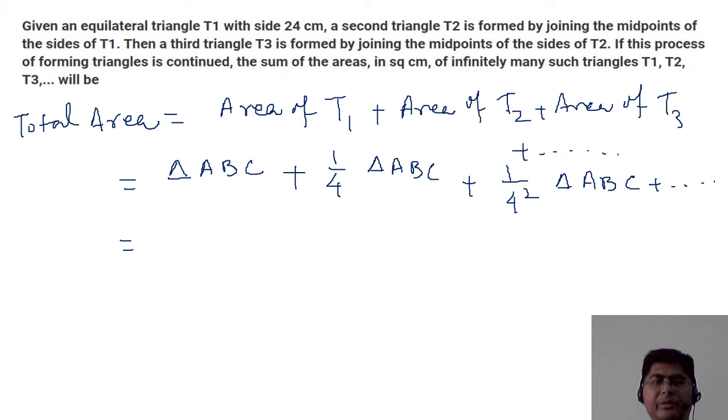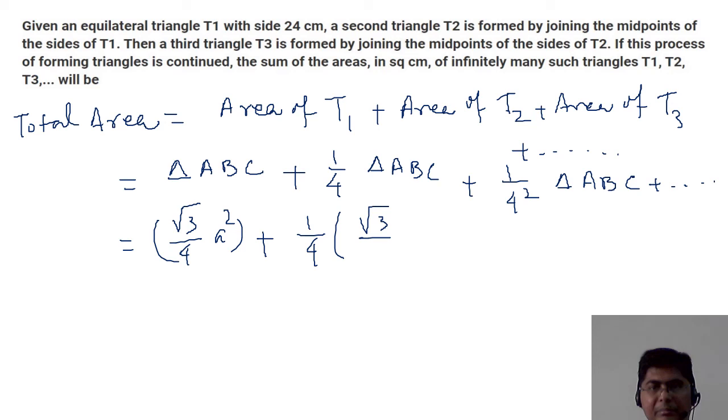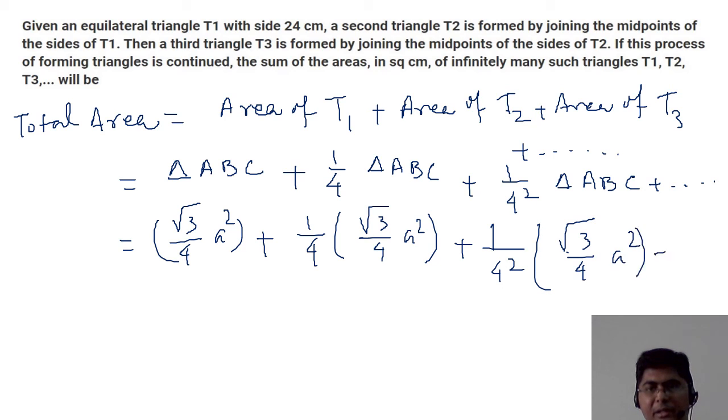Now if you remember, the area of ABC is root 3 by 4 A square. Then I am just replacing the value of area of ABC. So it becomes root 3 by 4 A square, then 1/4 times root 3 by 4 A square, then 1/4 square times root 3 by 4 A square plus dot dot dot, which means up to infinity. Right?